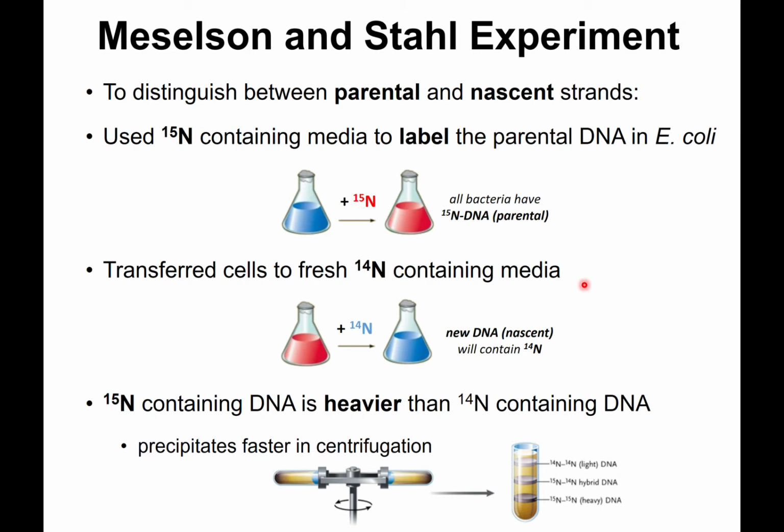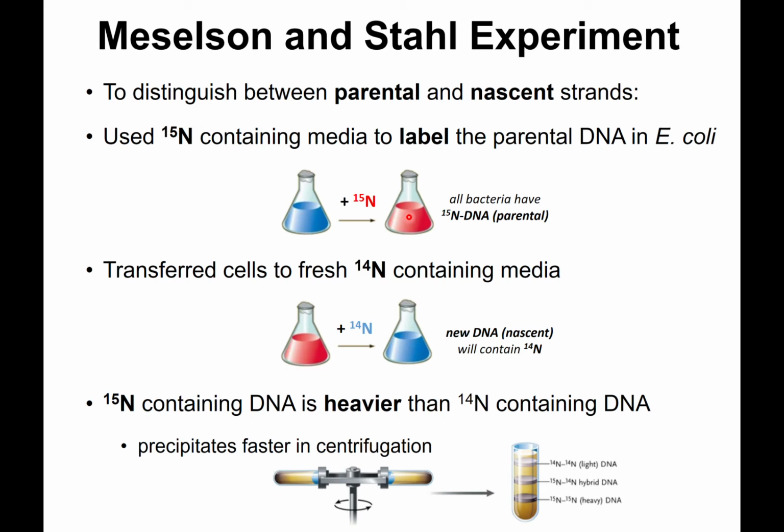So if you take some bacteria, here you have some bacteria growing in this flask, and you replace the nitrogen there with nitrogen 15, you have only this isotope of nitrogen. This has an additional neutron compared to nitrogen 14. The bacteria would take nitrogen 15 as any nitrogen and include it into the DNA.